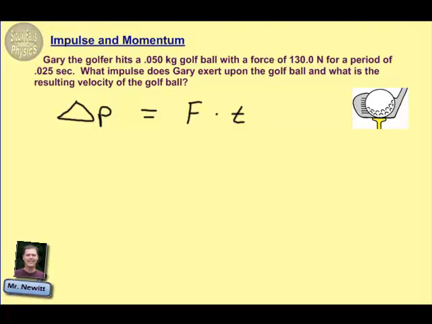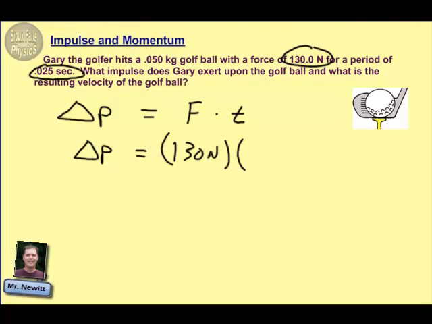We know a force of 130 newtons was applied for .025 seconds, so that gives me my change in momentum, or my impulse. So 130 newtons multiplied by .025 seconds, and when I do that, I get an impulse of 3.25.